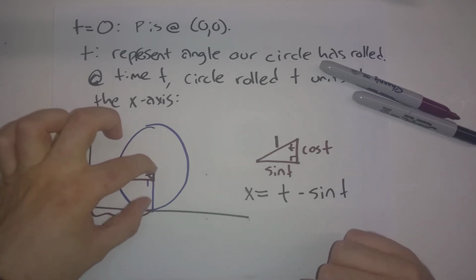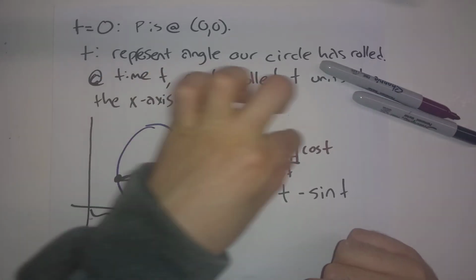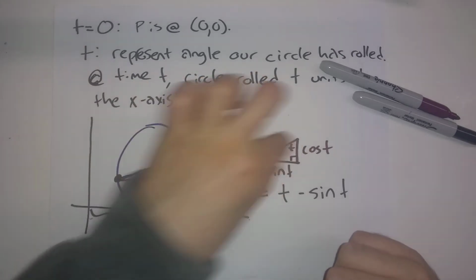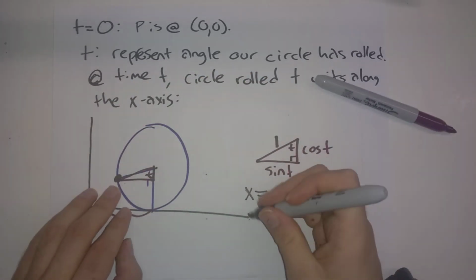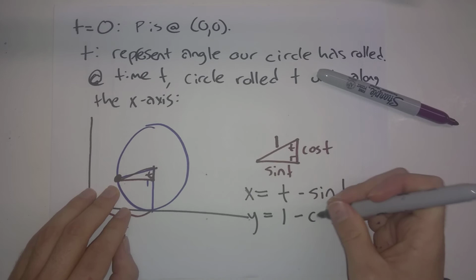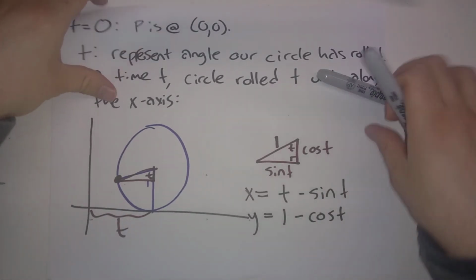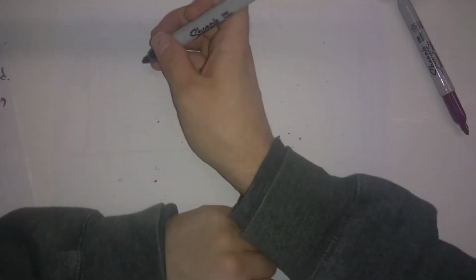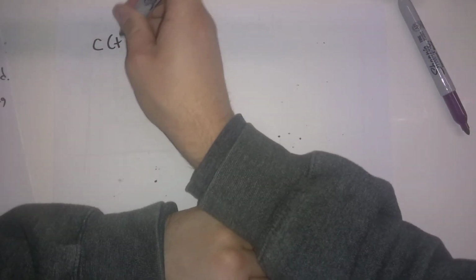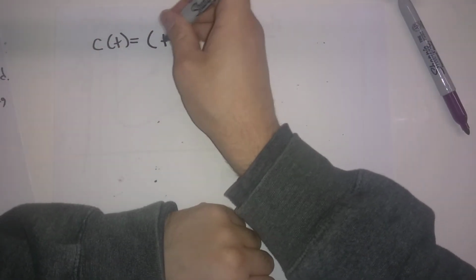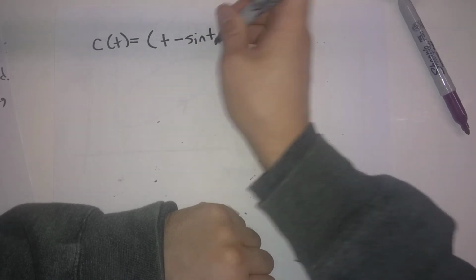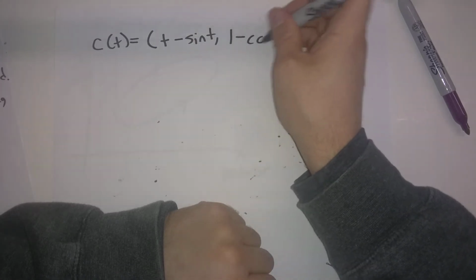Well, this is 1, and this is cosine of t. So y is going to be 1 minus cosine t. So putting all of this together, our parametrization is c of t equals t minus sine t, 1 minus cosine t.